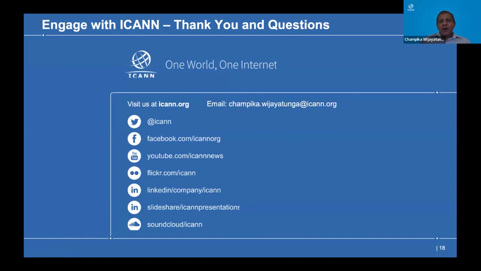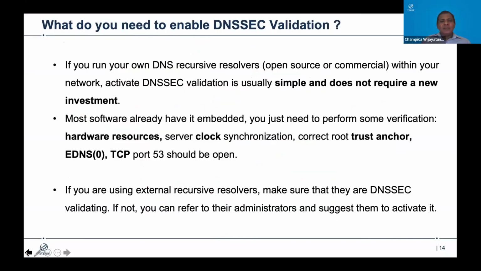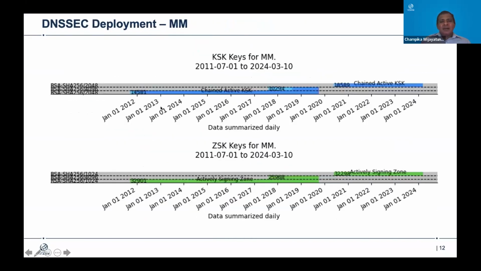So if you are managing your DNS keys, you can continue to have the same key. You could see even in the statistics I showed, maybe I can go back to the Myanmar keys. This is the key ID, 14581 here, and there is another key ID here as well.